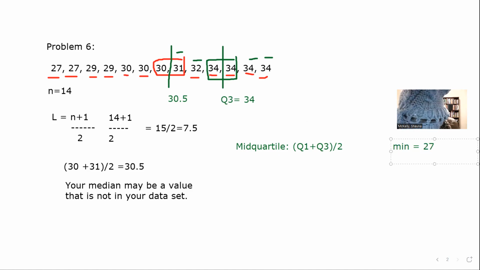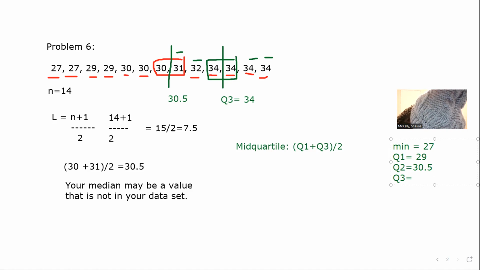My Q1 was 29. Yes, 29. We spent a lot of time talking about Q2. So Q2, or the median, was 30.5. Q3 was 34, and your max was also 34. So let's do some calculations here.